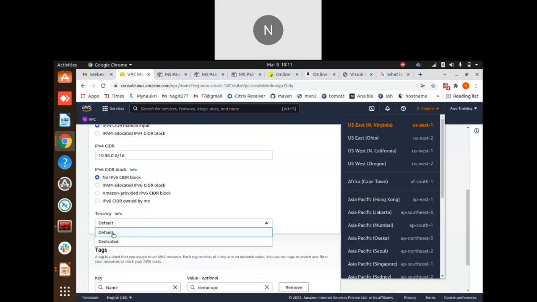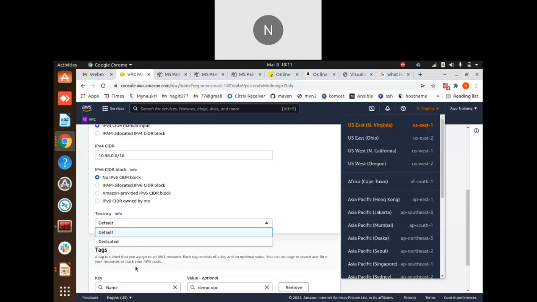That's what default means. Dedicated means the Amazon team will assign dedicated CPU, memory, and cores for your infrastructure in this region. A data center is nothing but the store of hardware: the hard disks, CPU, memory, which they maintain in these regions.